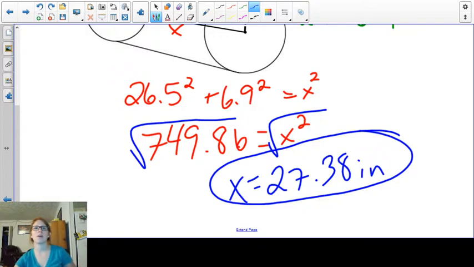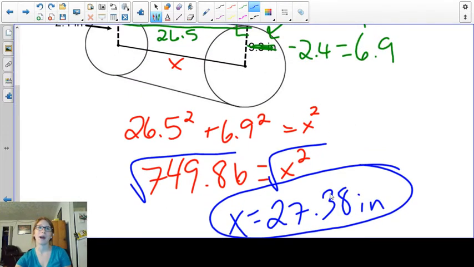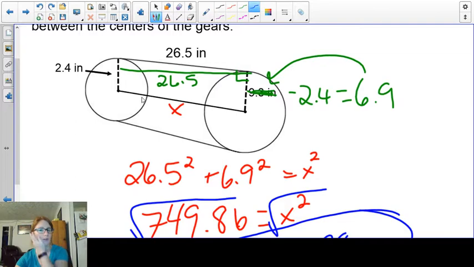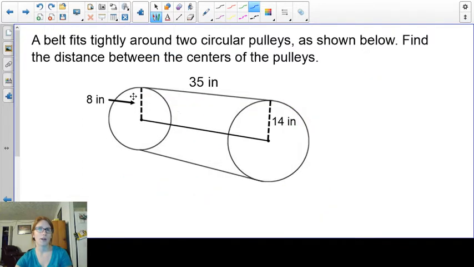So that one, I had to play around with my picture in order to be able to find what I needed to do. So keeping this one in mind, go ahead and try this one.